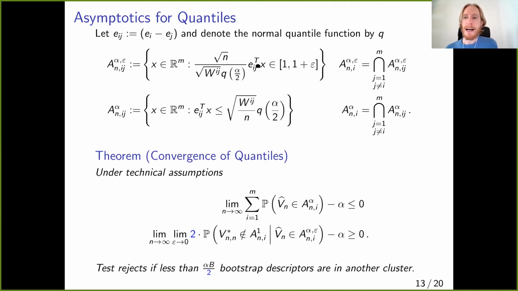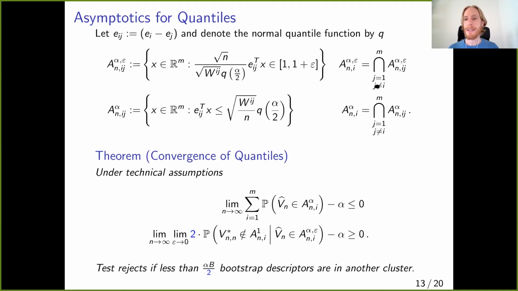So Xi is roughly equal to Xj plus this quantile, but since it's an alpha half quantile and alpha is smaller than 1, so alpha is usually something like 0.05, your typical test level, this is negative, right? So we have that Xi is smaller than Xj by this alpha half quantile of the central limit distribution, okay?